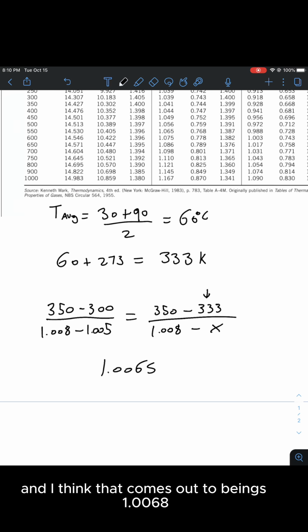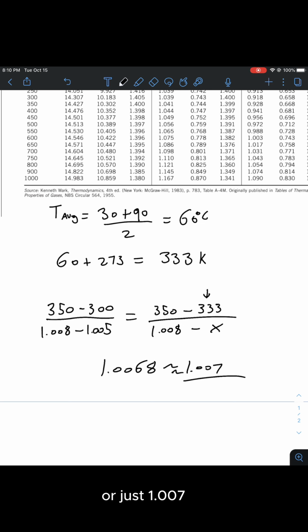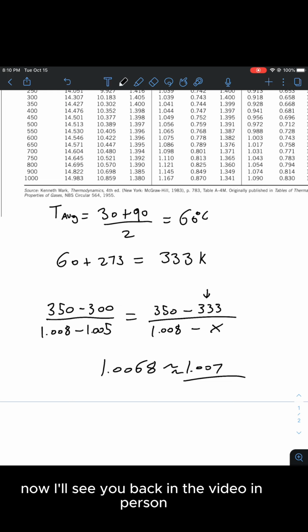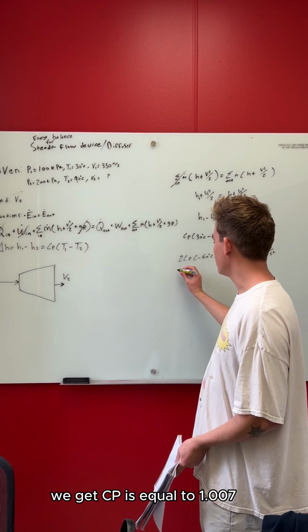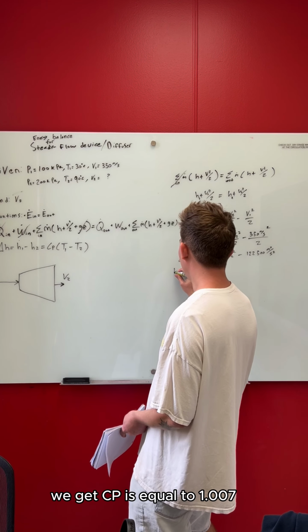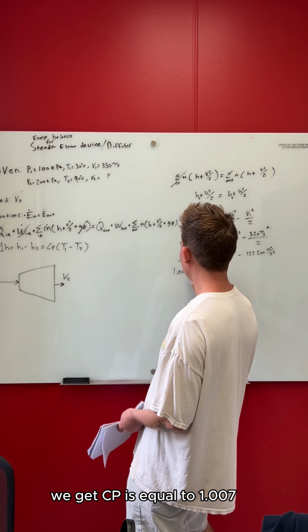I think that comes out to 1.0068, or just 1.007. That's how we get our Cp value. Now I'll see you back in the video in person. We get Cp is equal to 1.007.